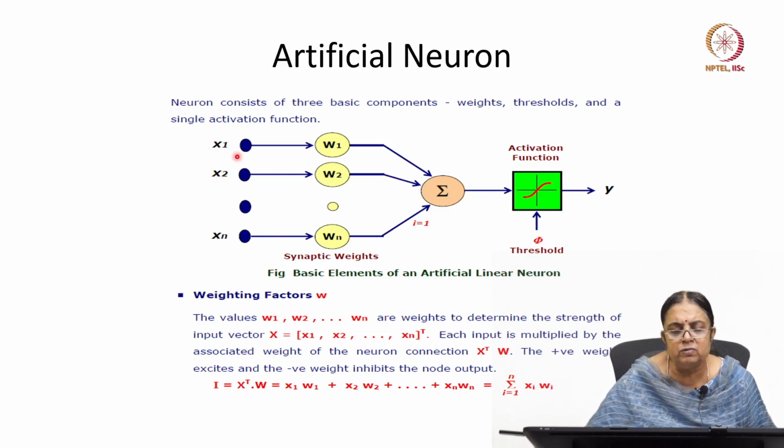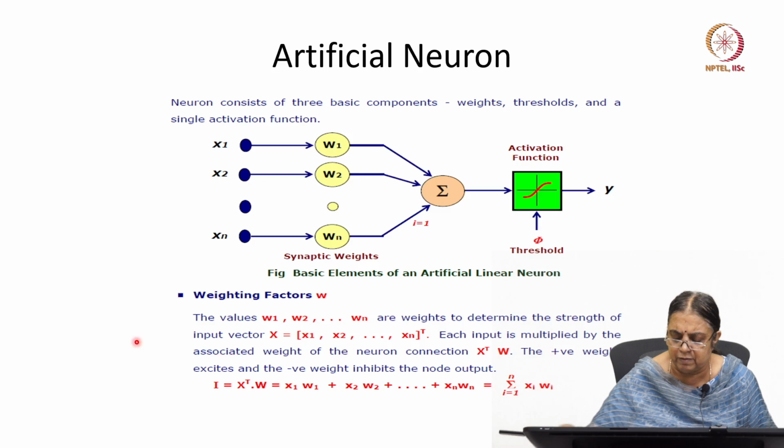So this is how you have the neuron. I is equal to x transpose into w, which will be x1 w1 plus x2 w2 etc., where w are the weights that you have.